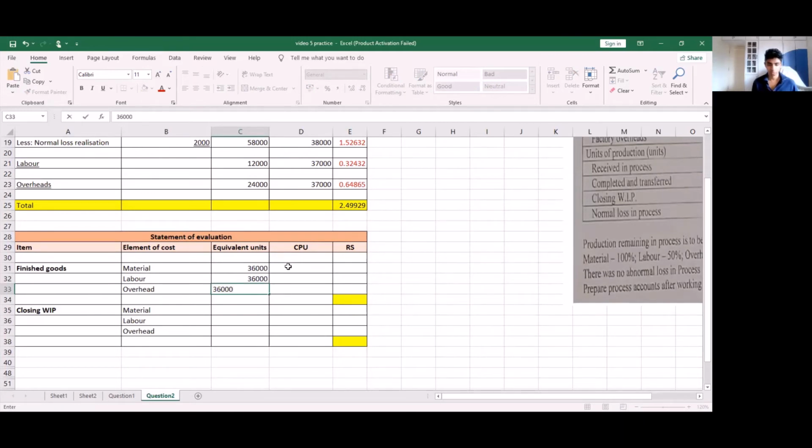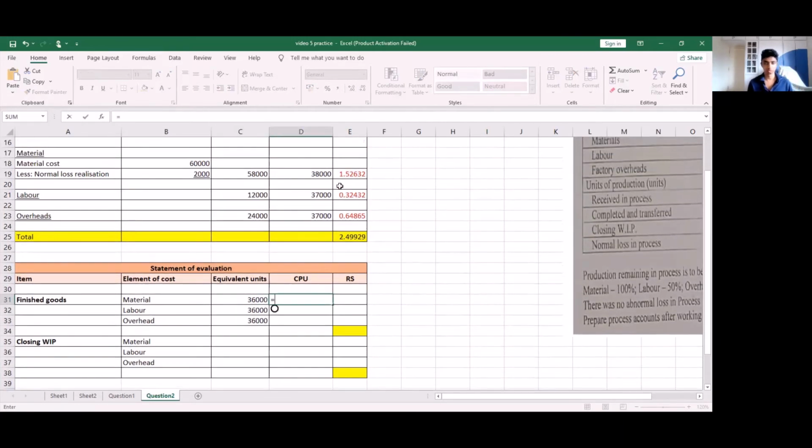Cost per unit will be from our statement of equivalent cost per unit, which is 1.53, 0.32, and 0.65. So let's quickly multiply our equivalent units with our cost per unit.